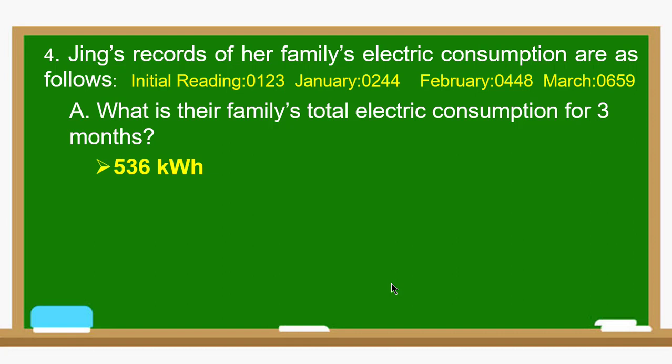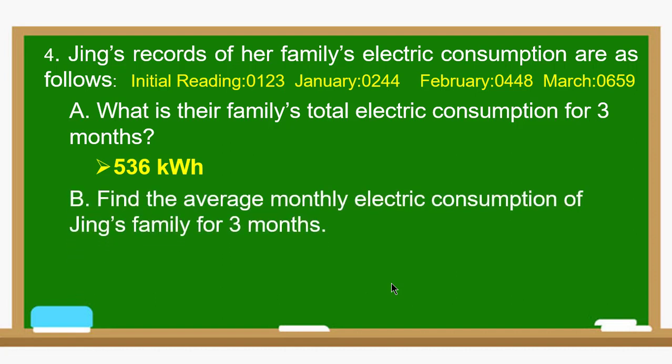The answer is 536 kilowatt-hour. Letter B. Find the average monthly electric consumption of Jing's family for 3 months. The answer is 178.67 kilowatt-hour.